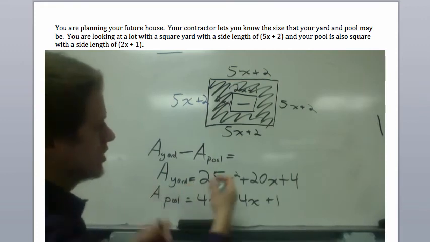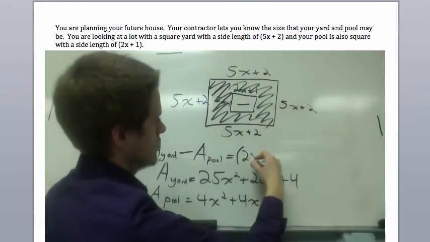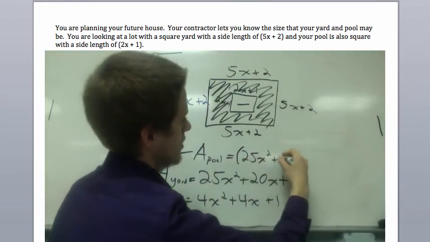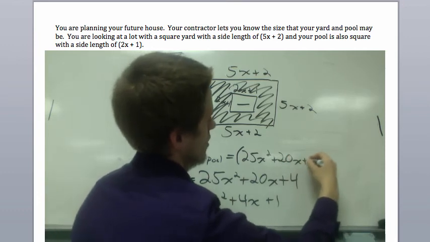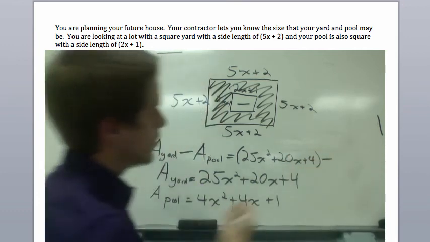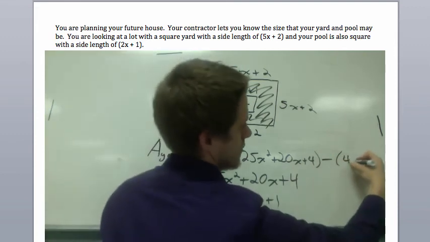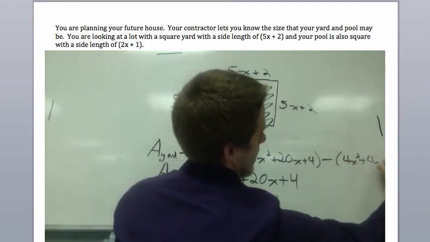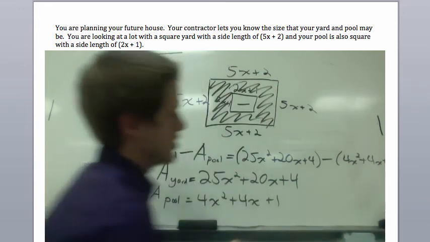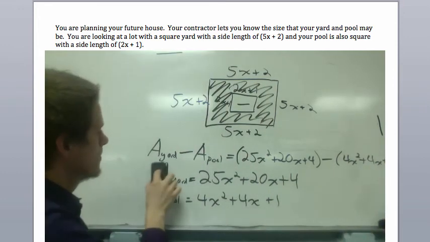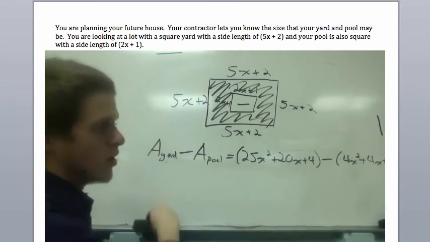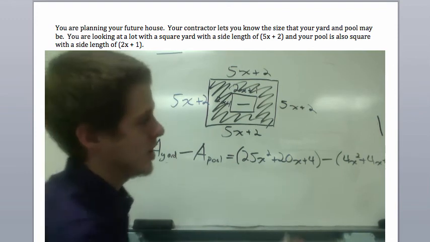So we know the area of the yard is 25x squared plus 20x plus 4. And we want to subtract the area of the pool, which is 4x squared plus 4x plus 1. From there, you just have a simple subtraction problem.